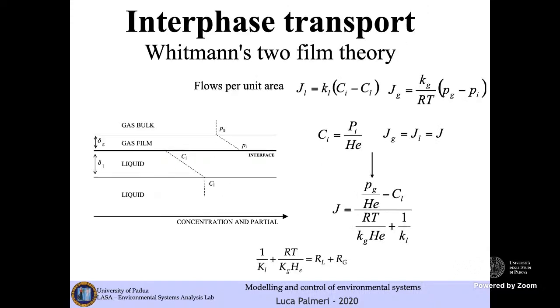So formally, we may write that the flow in the liquid film depends on the concentration at the interface minus the concentration in the liquid bulk, and this is mediated by a constant K_L. Analogously, we may define the flow in the gaseous phase that is equal to the difference between the partial pressure in the gaseous phase and the partial pressure at the interface. So we are subdividing the problem into bulks and what is going on around the interface by considering films.